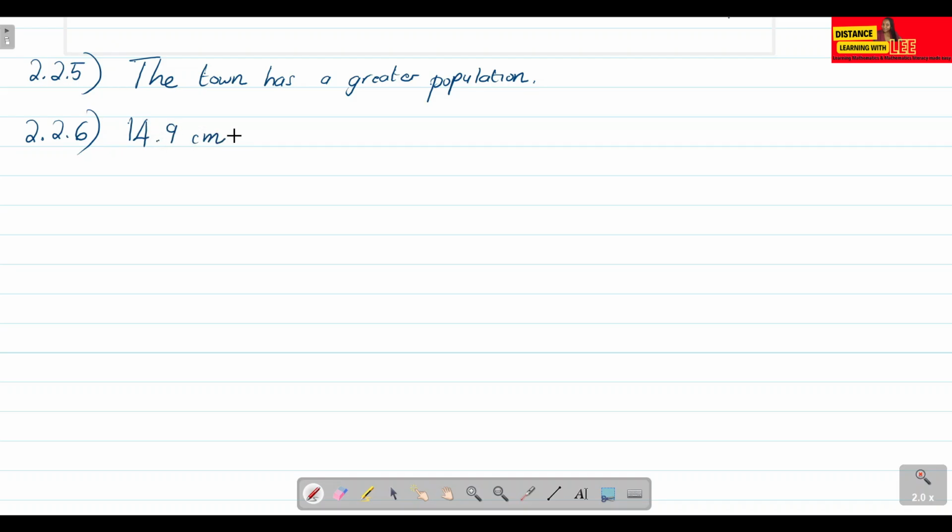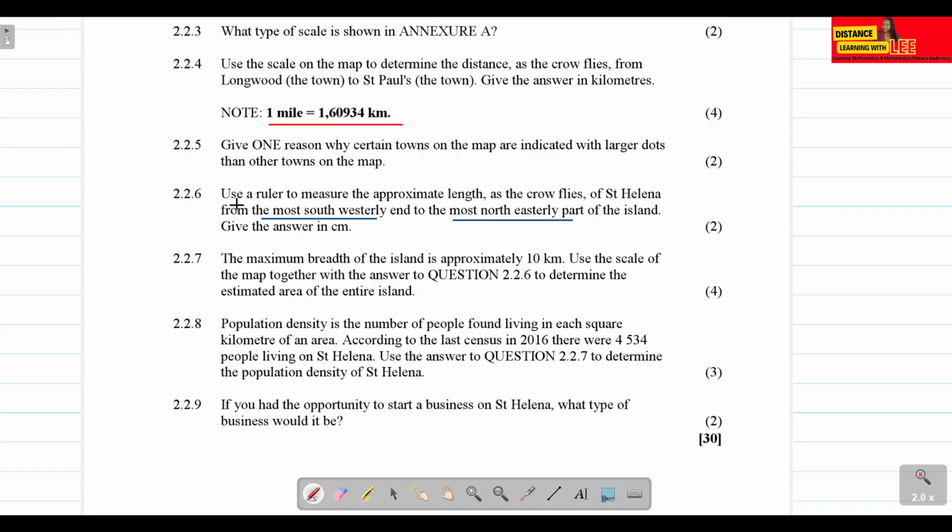However, if you've got the hard copy and you measure the distance, you should get a value between 11 centimeters and 13 centimeters. So you should either get 11 or 12 or 13 centimeters when you measure that distance using your hard copy.